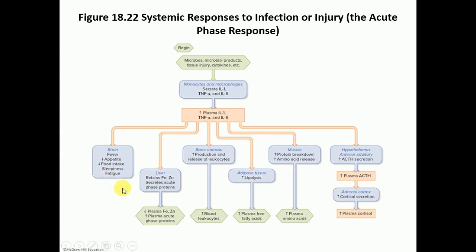When these different chemicals reach the liver, the liver starts storing its iron. Remember, we said that a lot of organisms need iron to survive, so one of the ways to deprive organisms of iron is by the liver keeping it. It also keeps the zinc. And the liver is going to start secreting what are known as acute phase proteins.